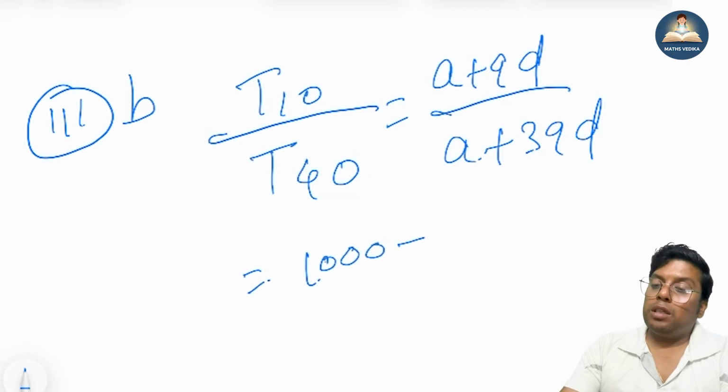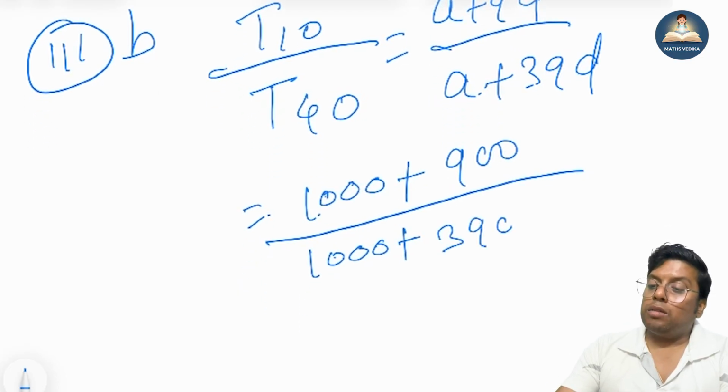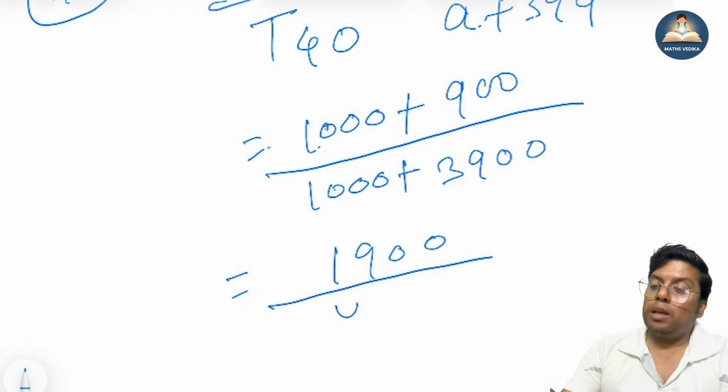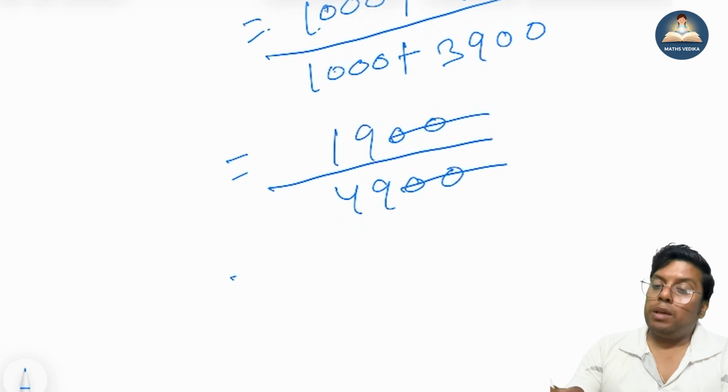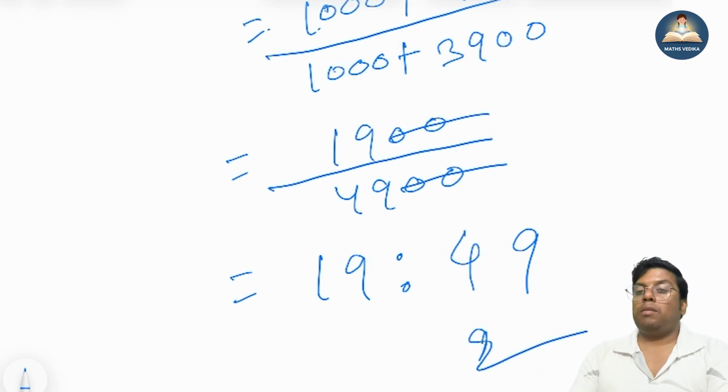So 1,000 plus 9 into 100, so 900, and 1,000 plus 39 into 100, 3,900. So this will be 1,900 divided by 4,900. The 0s will be cancelled out, so the required ratio will be 19 is to 49. This is the required answer.